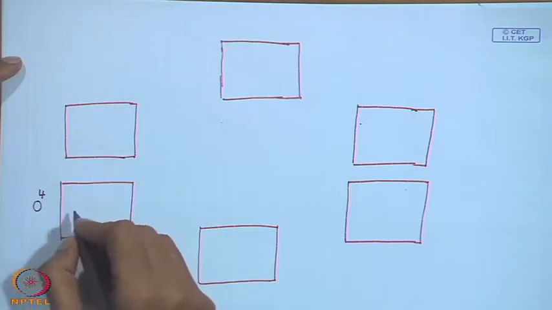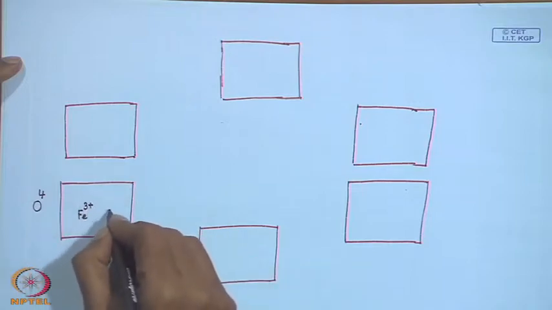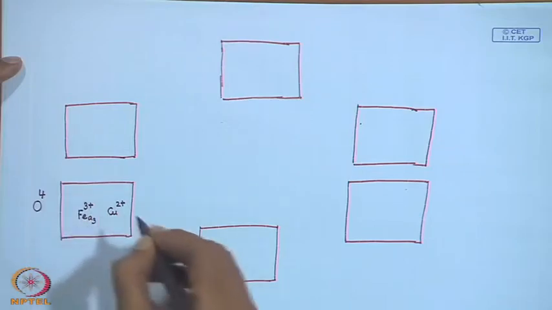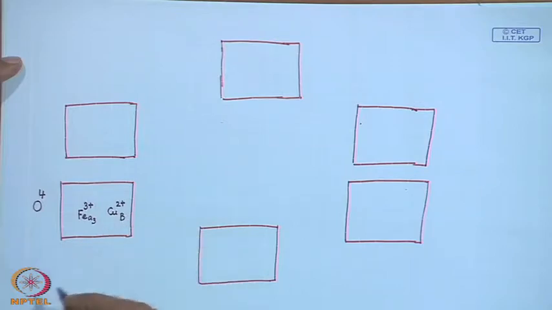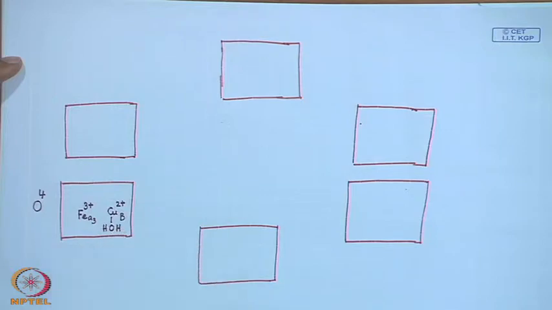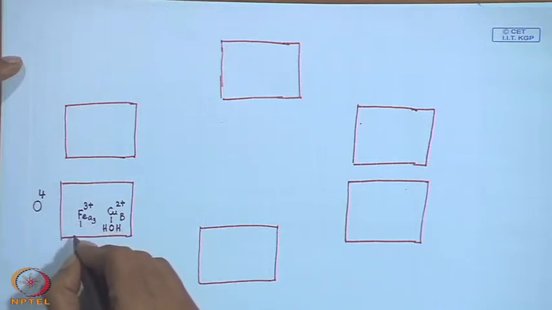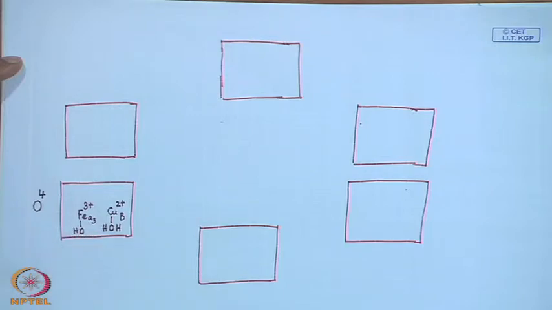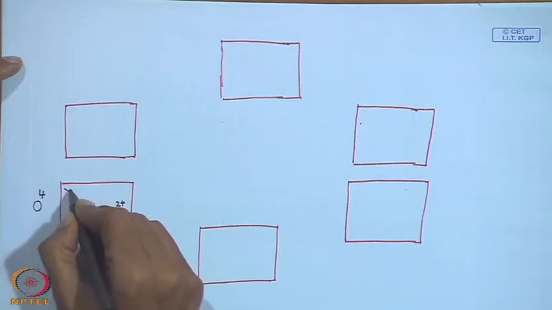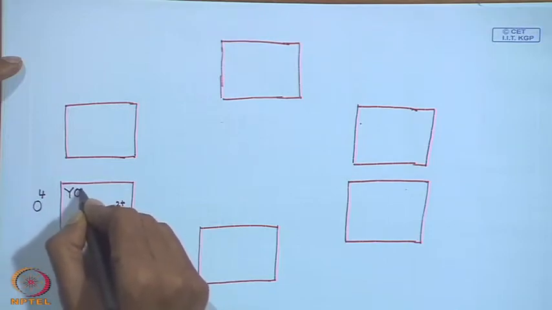And the O4 state, we all know now, is your Fe 3 plus and copper 2 plus, where Fe is your FeA3 and copper is your copper B. The copper site is bound to a water molecule, and this iron site is bound to a hydroxide group, and this particular one has also a nearby YO minus.